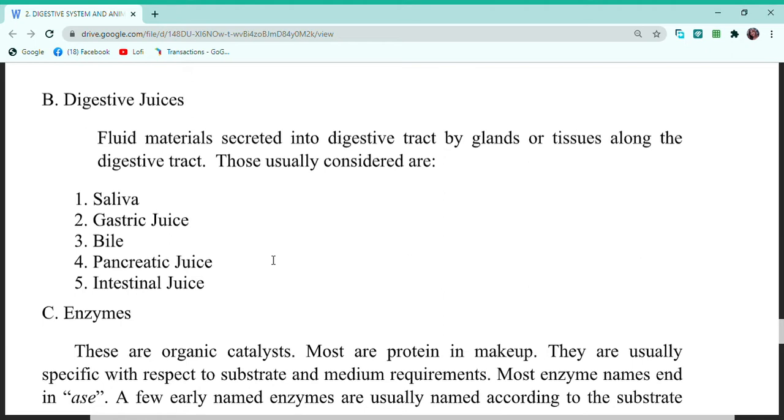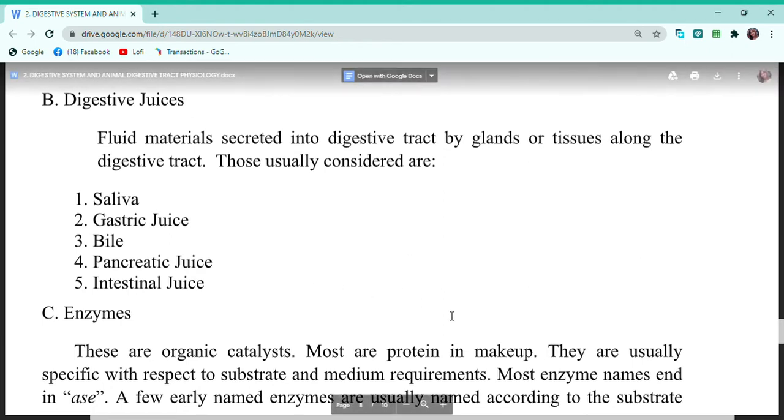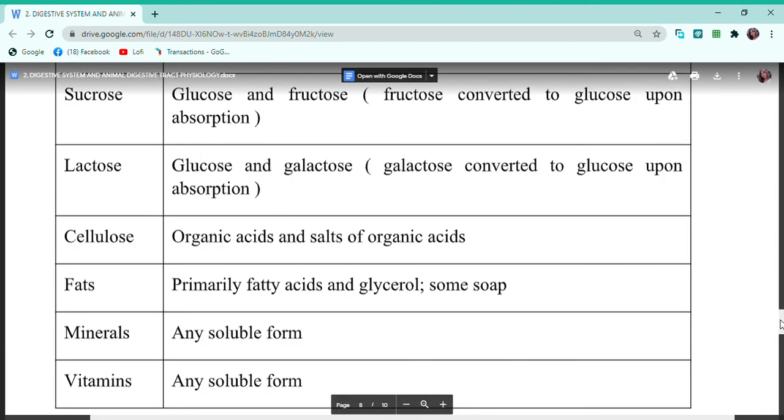Kagaya doon sa starch, amylase, di ba? Specific. Lipids, lipase. Sucrose, sucrase. Okay, lactose, lactase.